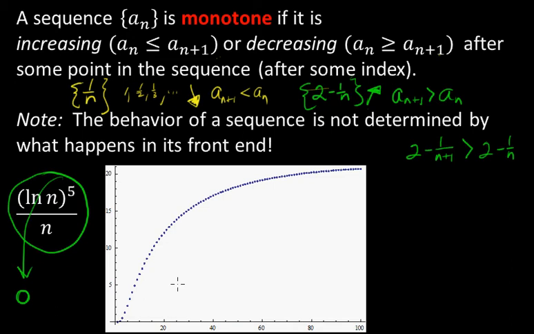But look at the graph of this sequence at the beginning. I've plotted the first 100 terms here. It sure doesn't look like it is decreasing. In fact, at the front end of the sequence, the first 100 terms, this is an increasing sequence.